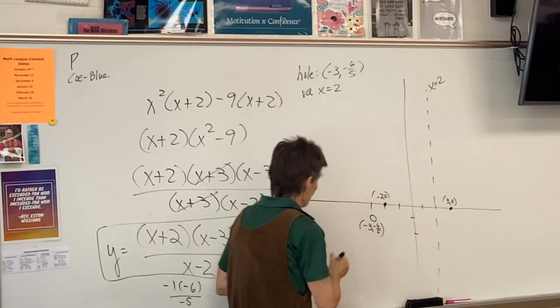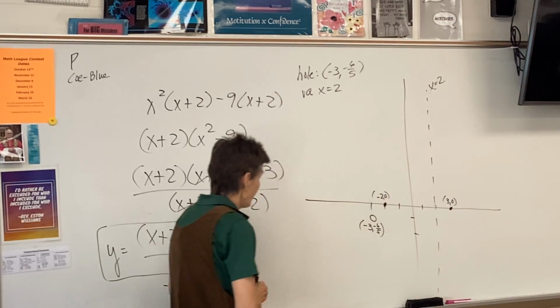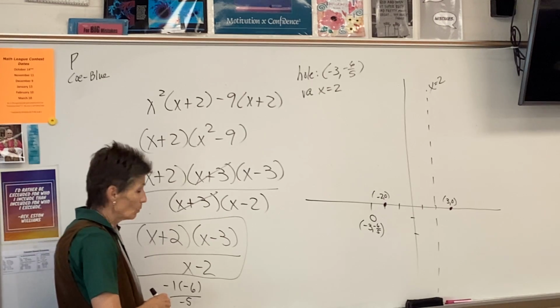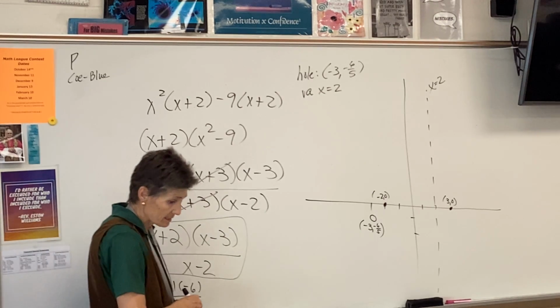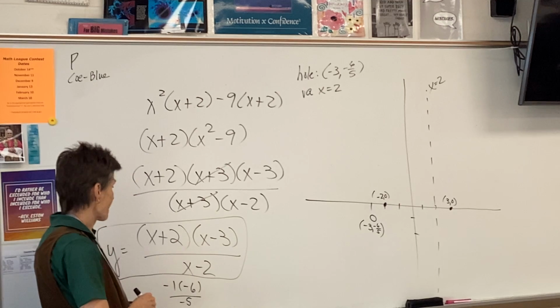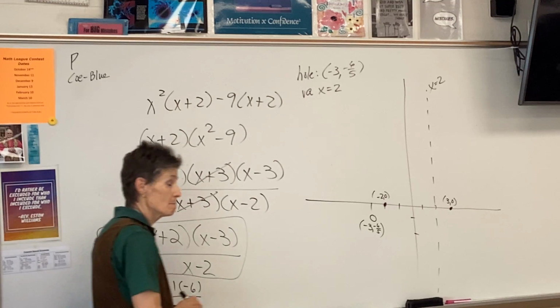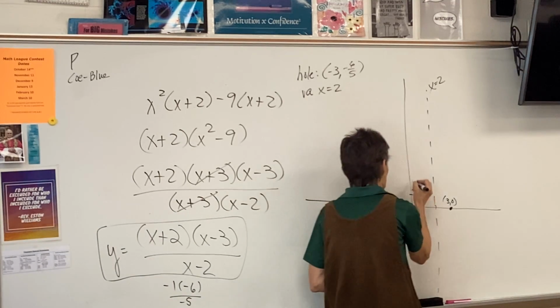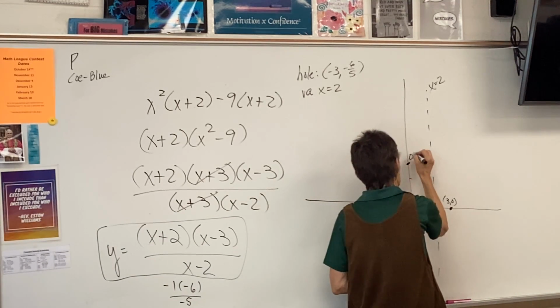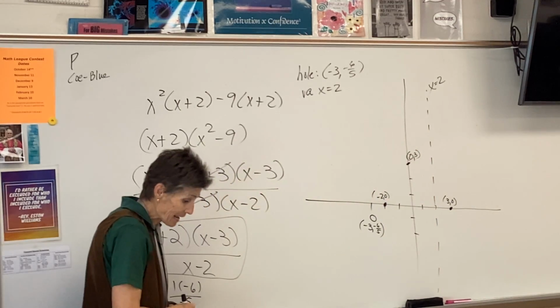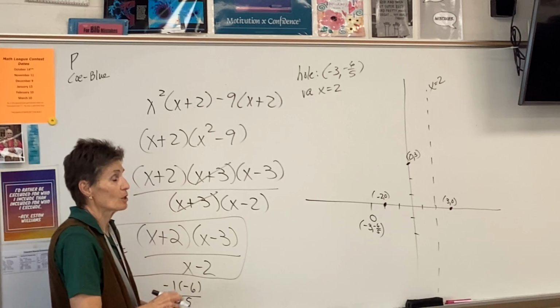All right. How about a y-intercept? If I put in 0, looks like I'm going to get 3. And then I need an end behavior asymptote.